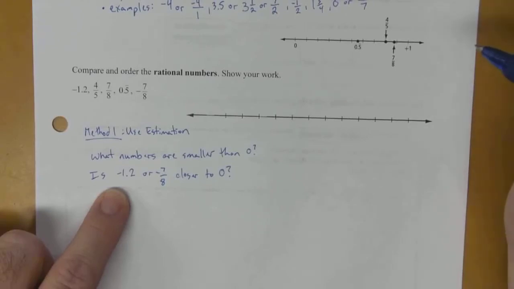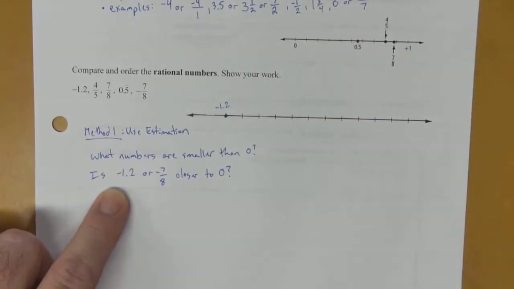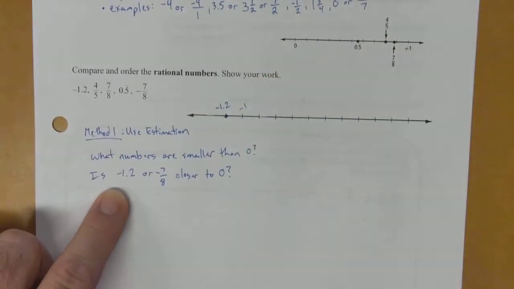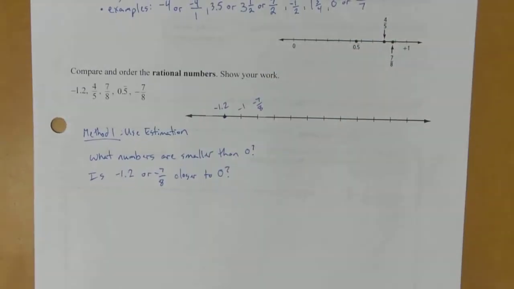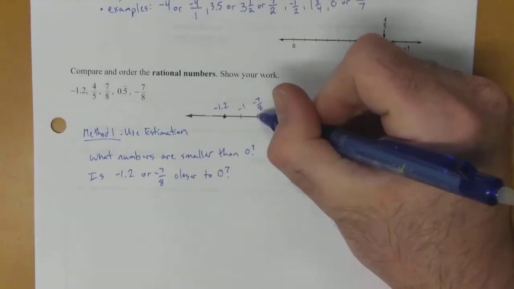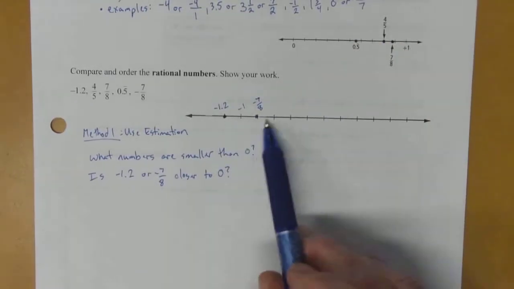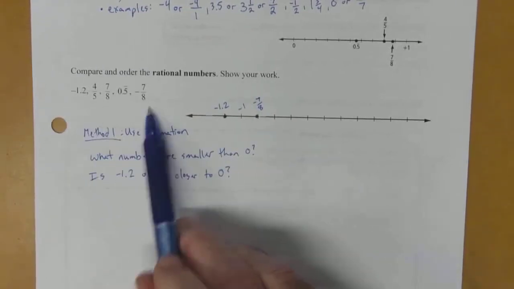We'll stick -1.2 here, and let's just say that -1 is there, -7/8 might be there, just as approximations. So we've got those two that are put in order now, out of the negative numbers that are on this list.